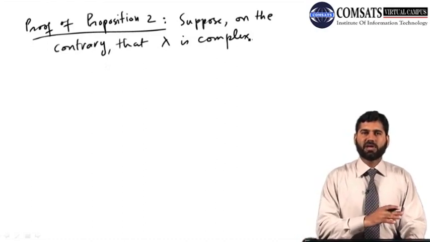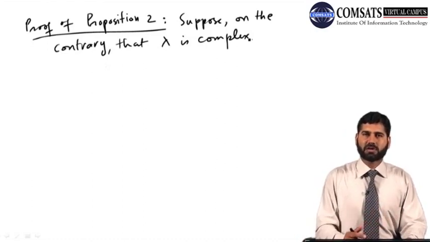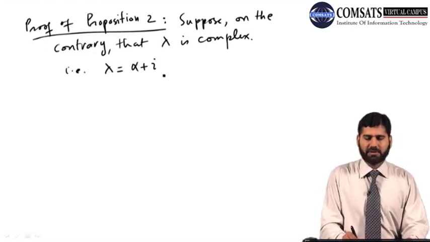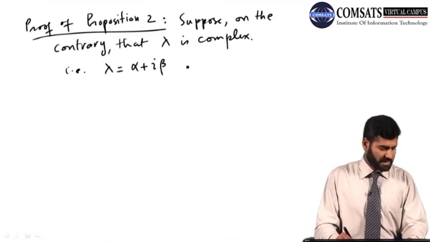It means what we assumed at the beginning, that lambda is complex, is not possible. So let's say lambda is equal to alpha plus iota beta. Let's say this is a complex number.